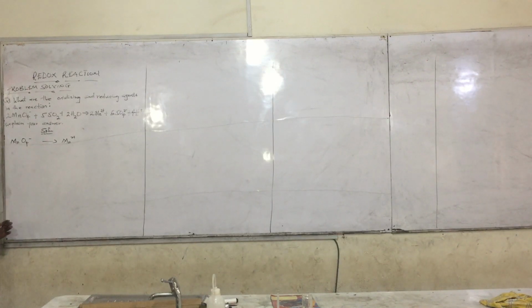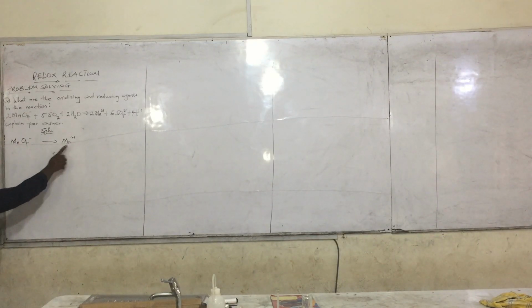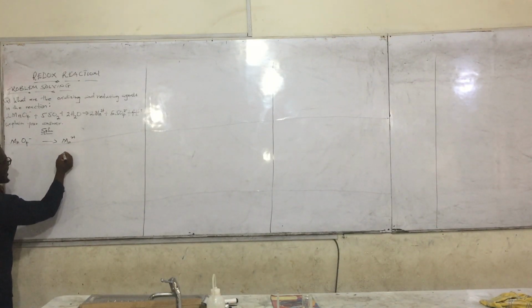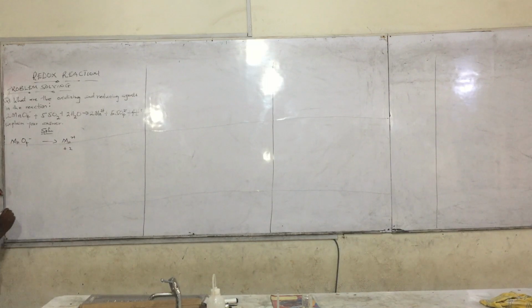From the reactant side, we can see that we have Mn and then O4. Now, the Mn over here is the central atom. Therefore, we want to find the oxidation number for Mn. We know that at the product side, the oxidation number is plus 2 for the Mn. But what will be the oxidation number for Mn in this compound?